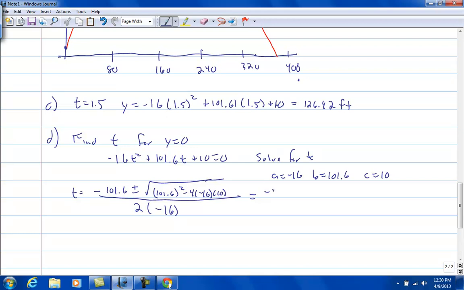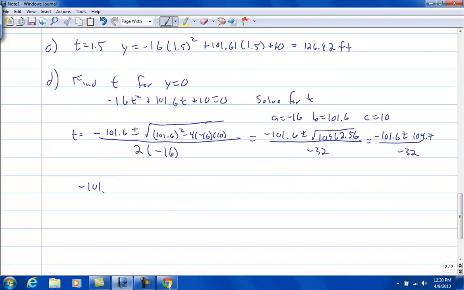That's negative 101.6 plus or minus the square root of 10962.56 all over negative 32, which is negative 101.6 plus or minus 104.7 all over negative 32.